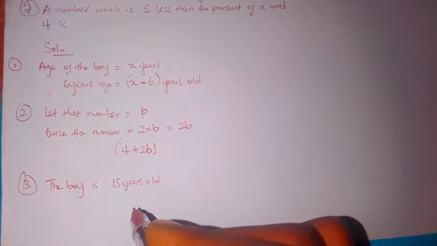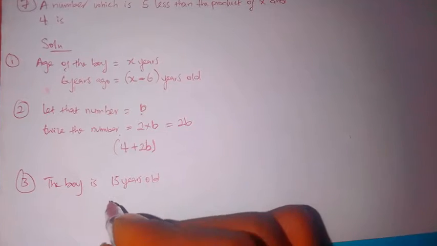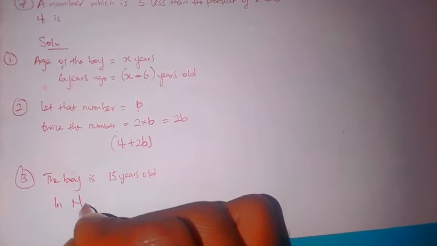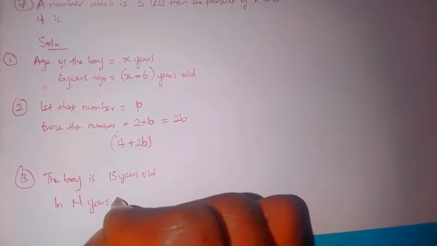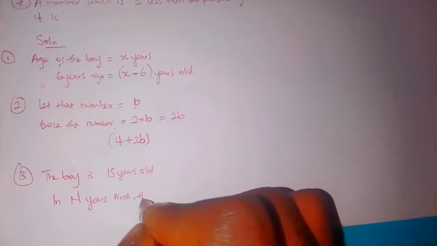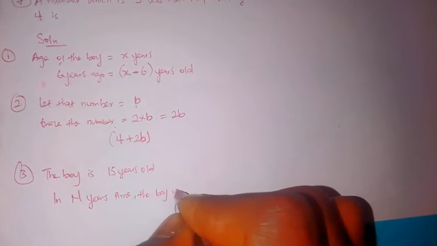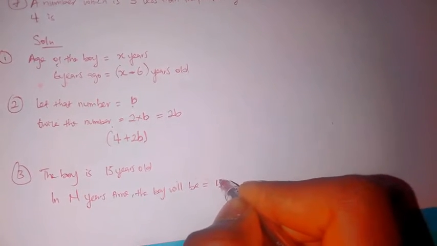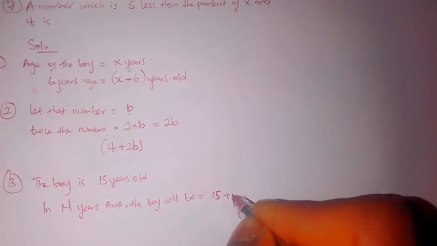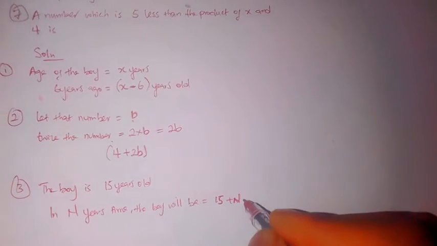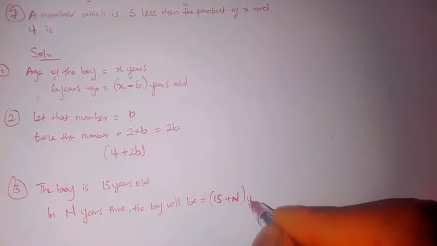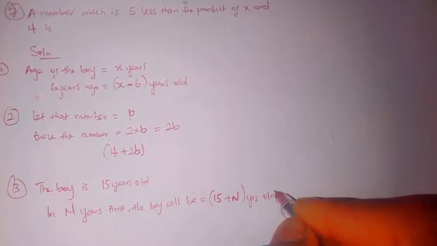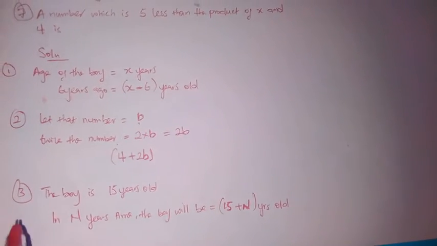In n years time, the boy will be 15, his current age, plus that n which we don't know. So it will be 15 plus n years old in n years time.